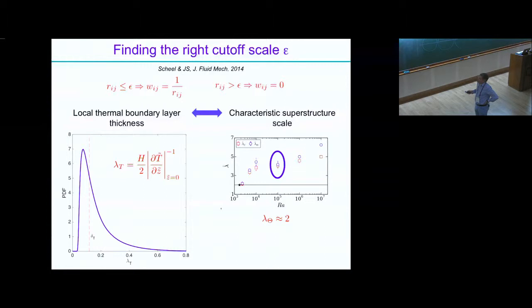This scale should be somewhere between the boundary layer thickness and the scale which we have analyzed before in our Eulerian analysis. Here you see the way we analyzed convection in the past, by having a distribution of these local boundary layer scales, and that gives you an indication where your epsilon has to be in terms of a scale.